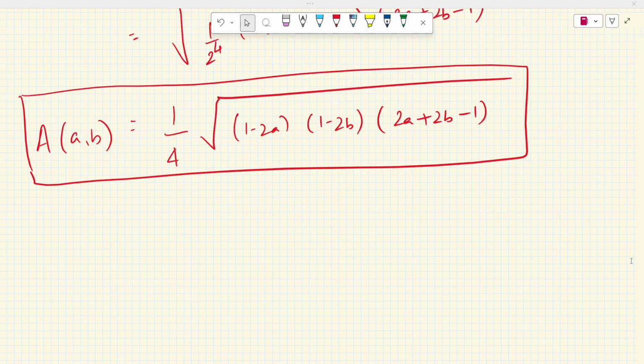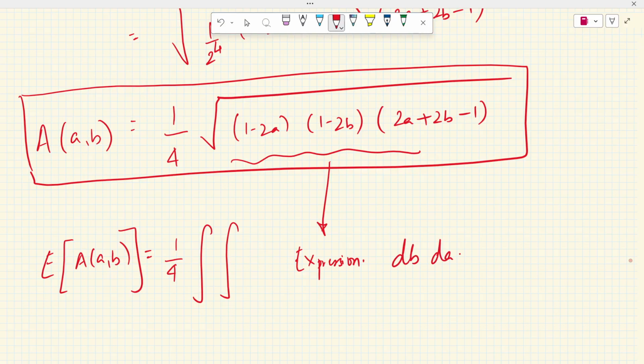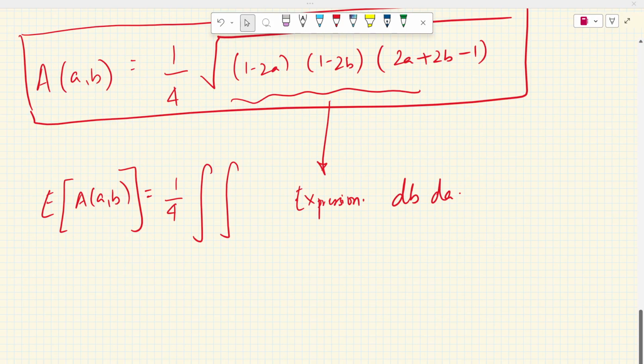So now we'll try to find the expected area of this triangle. This 1/4 comes out, and notice we have two variables. I'll call this our internal expression, and I'll do dB and dA. So now let's focus on the limits here. Limits for a are easy, the outer variable.